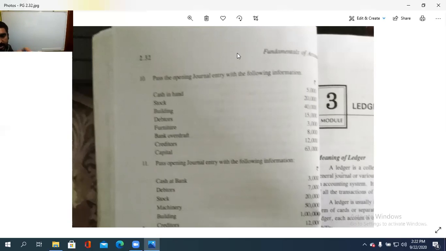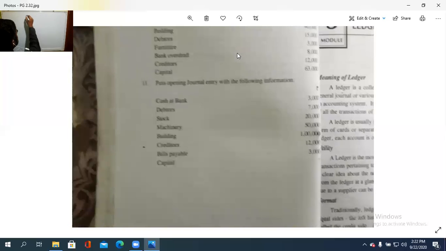That is, the cash in hand is 3,000. So cash 3,000, debtors 7,000, stock 20,000, machinery 50,000, then buildings 1 lakh, then to creditors, how much is it? 12,000, to bills payable 3,000.